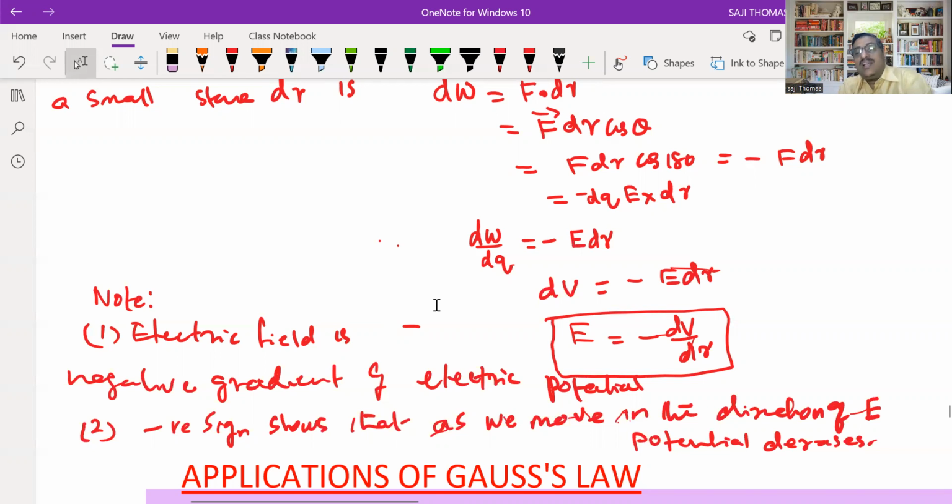When you move a charge in an electric field, you have to do work. External work must be done. This external work done is stored in the form of potential energy in that charge. So what is the potential energy of a charge? It is the amount of work done by an external agency to move that charge in the electric field.